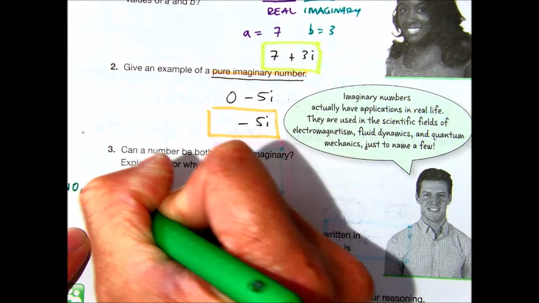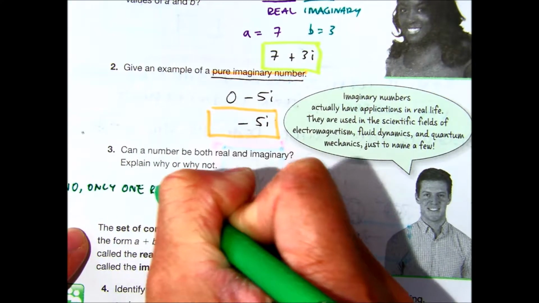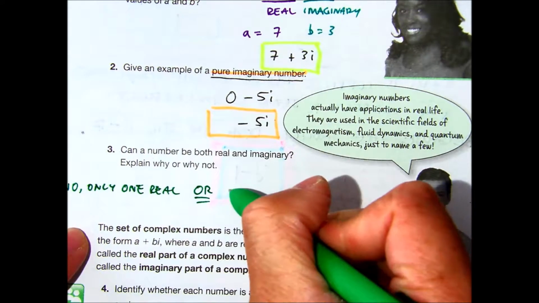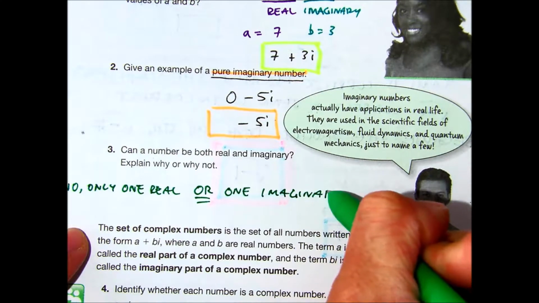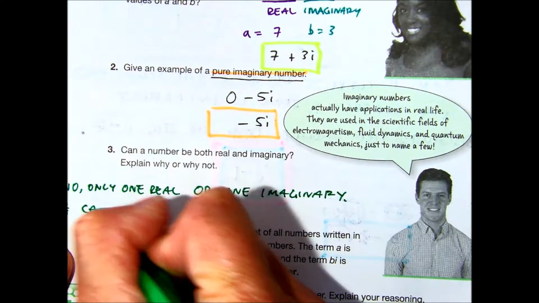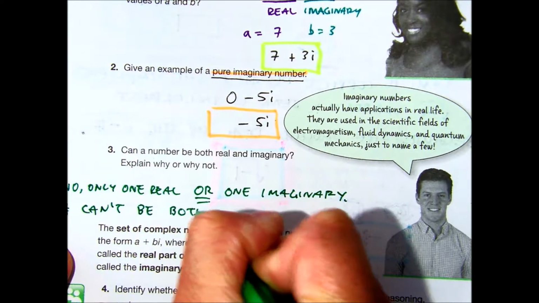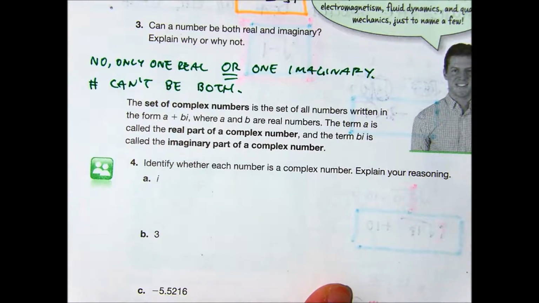No. Only one real or one imaginary. A number can't be both. Thank you, Valerie.